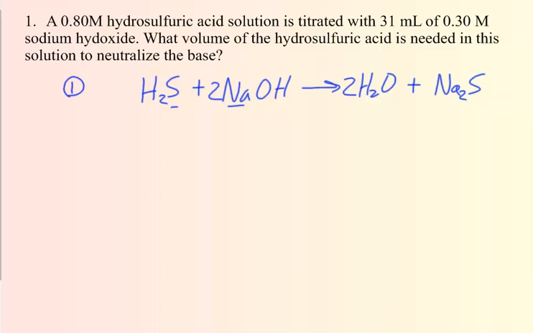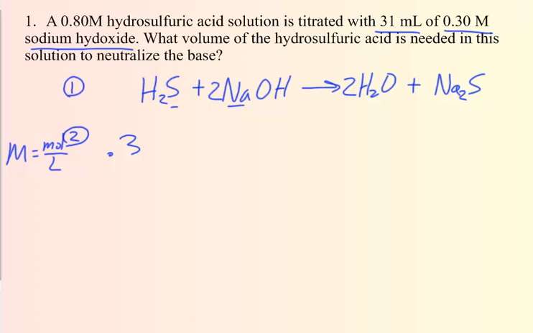So step 1, make sure you have an equation and make sure it's balanced. Step 2, you're going to take the known solution that you have and find the number of moles. We know that we have 31 milliliters of 0.3 molar sodium hydroxide. So we know the molarity is 0.3, and remember, molarity equals moles over liters.